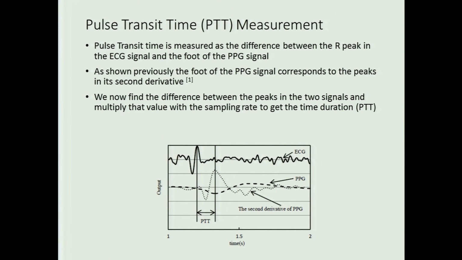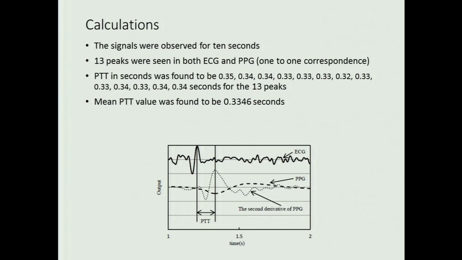This is the second derivative of the PPG, and this is the foot. So we find the difference between the peaks in the two signals and multiply that value with the sampling rate to get the time duration. The signals were obtained for 10 seconds. 13 peaks were observed in both of them.